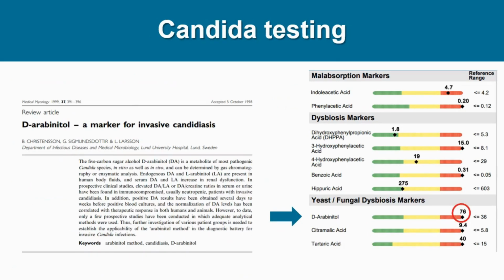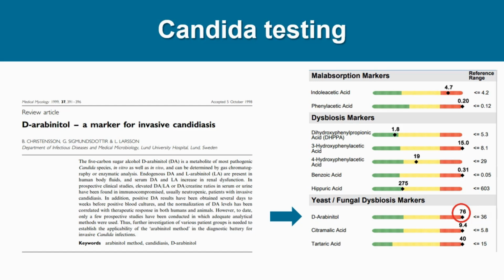So a method that has gained considerable attention in recent years is measuring the D-arabinitol level, which is often used as a marker for invasive Candida. It's a 5-carbon sugar alcohol produced by most pathogenic and medically important Candida species, and there's been various methods for measuring it.